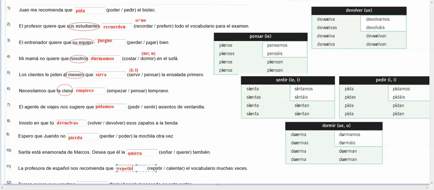It is an E to I in both the present indicative and the preterite tense, so therefore I'm going to change that E to an I. I'm going to get rid of the IR, and it's for nosotros, so repetamos. So, la profesora de español nos recomienda que repitamos el vocabulario muchas veces.